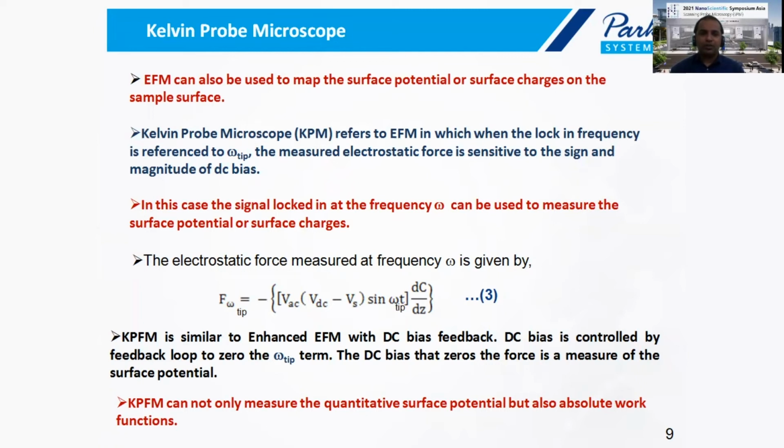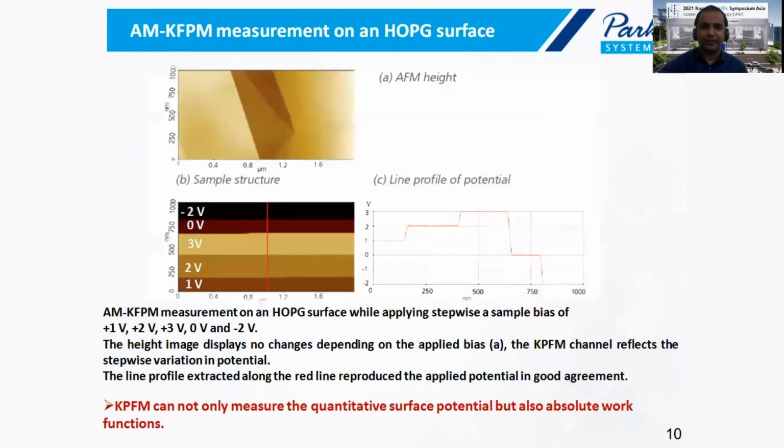Kelvin Probe microscope not only measures quantitatively what the surface potential is, but it can also give you the absolute values for the work function of your sample surface as well. There is a nice example where we use an HOPG surface.